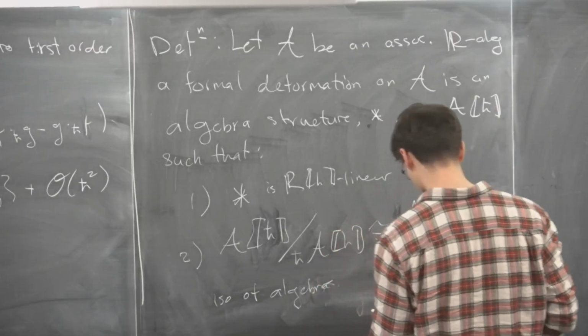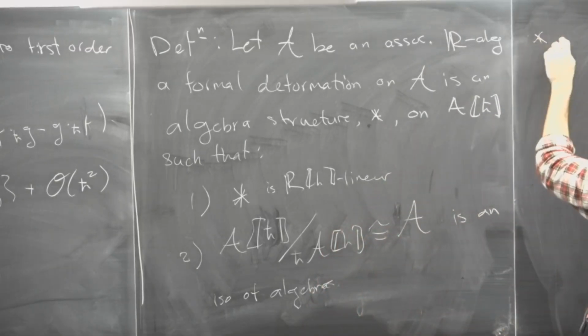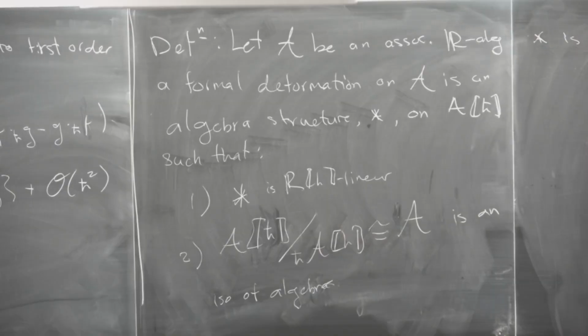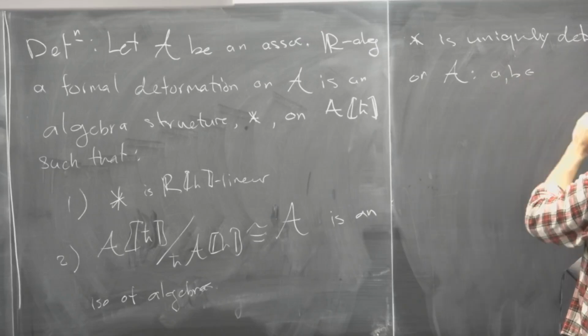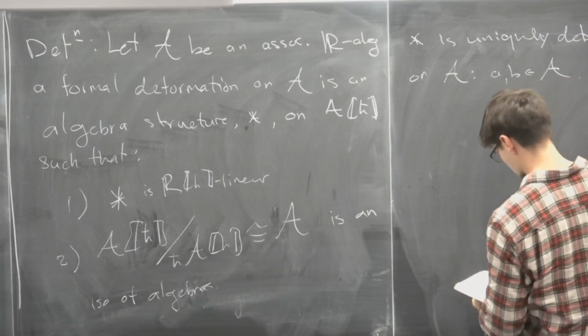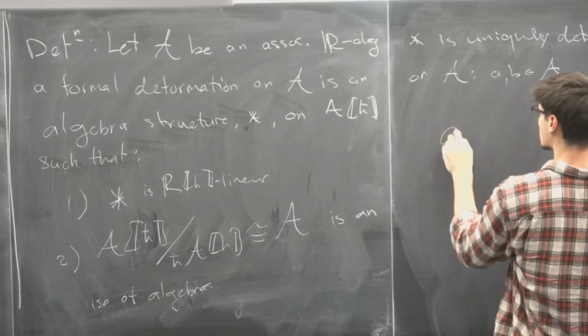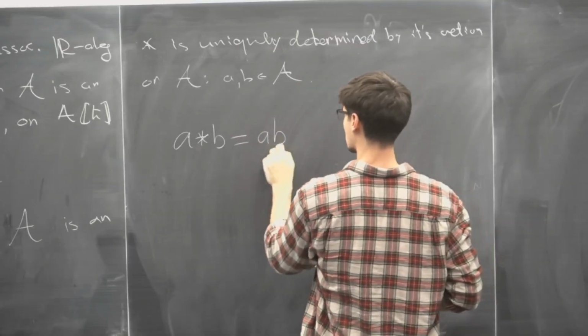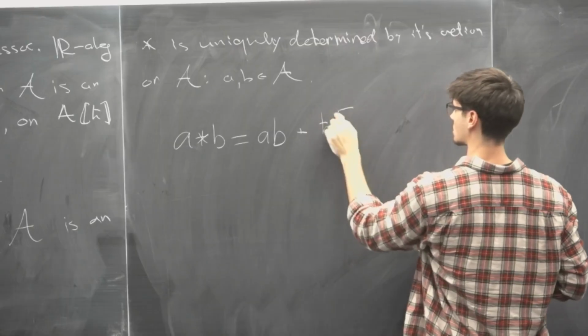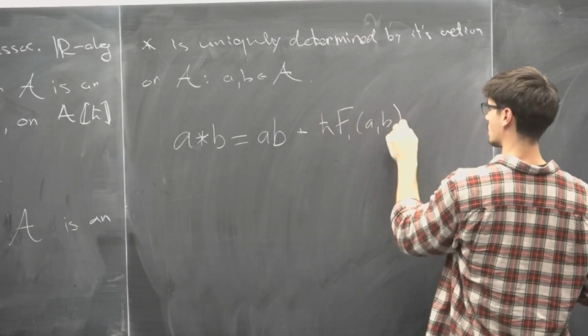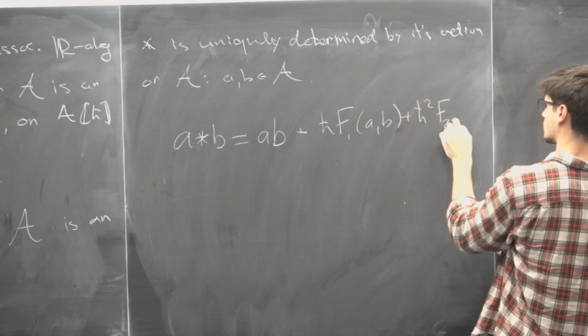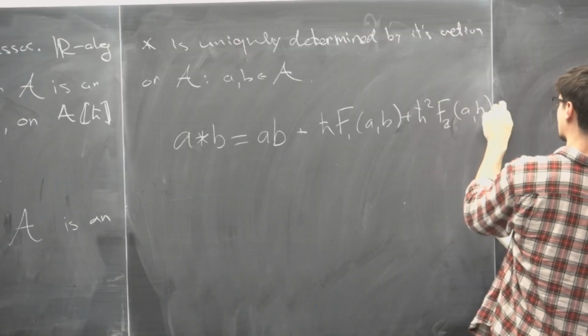And star is uniquely determined by its action on A, namely for a, b in our algebra, a star b is the product plus all these extra terms, h bar F1, h bar squared F2, and so on and so forth.